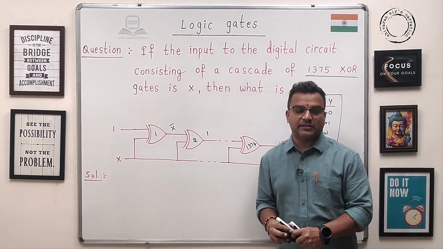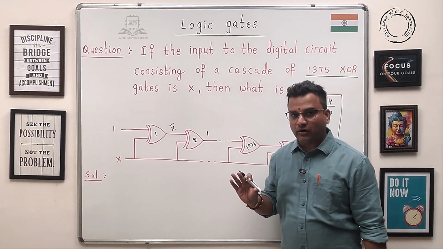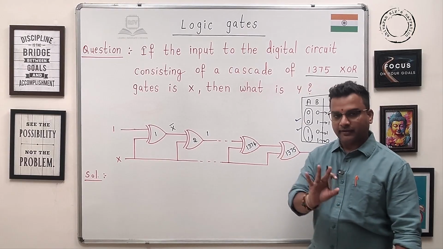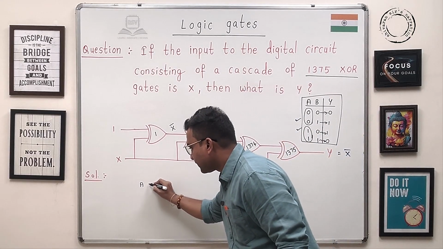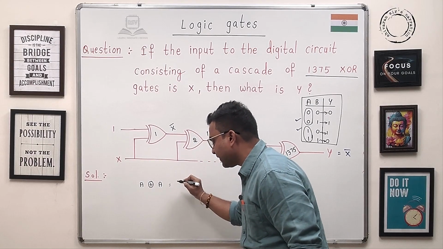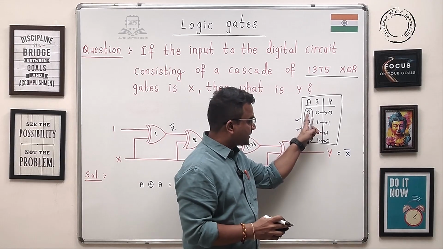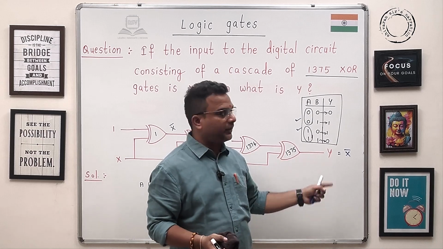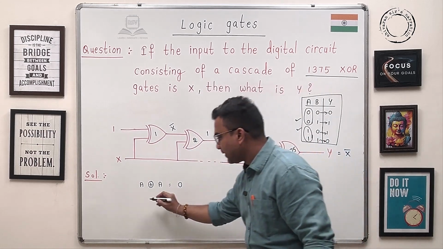Apart from this, guys, you can note down the properties of the XOR gate. Suppose it is A XOR A, what do we get? Obviously it is 0, because for the same inputs, output is 0 only. Hence A XOR A is 0.